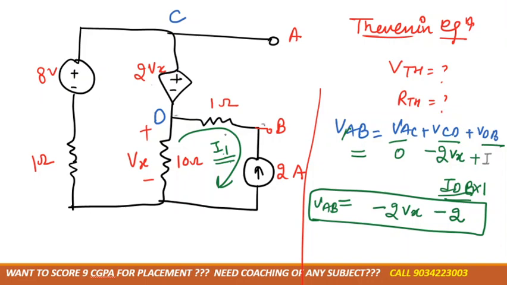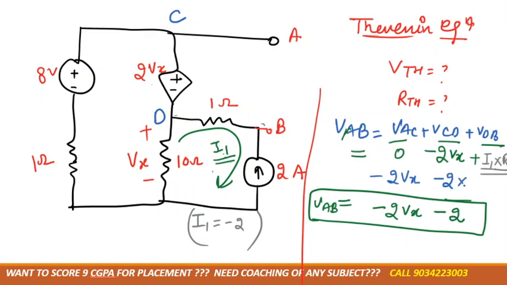Basically, VDB is I1 into R, right? According to Ohm's law. And as you can see that I1 is equal to minus 2, you will get the direct current equation, right? So if I substitute the value, then it would be minus 2 times I1, which is minus 2. Minus 2 into 1. That will be minus 2. So we'll get VAB from this equation.